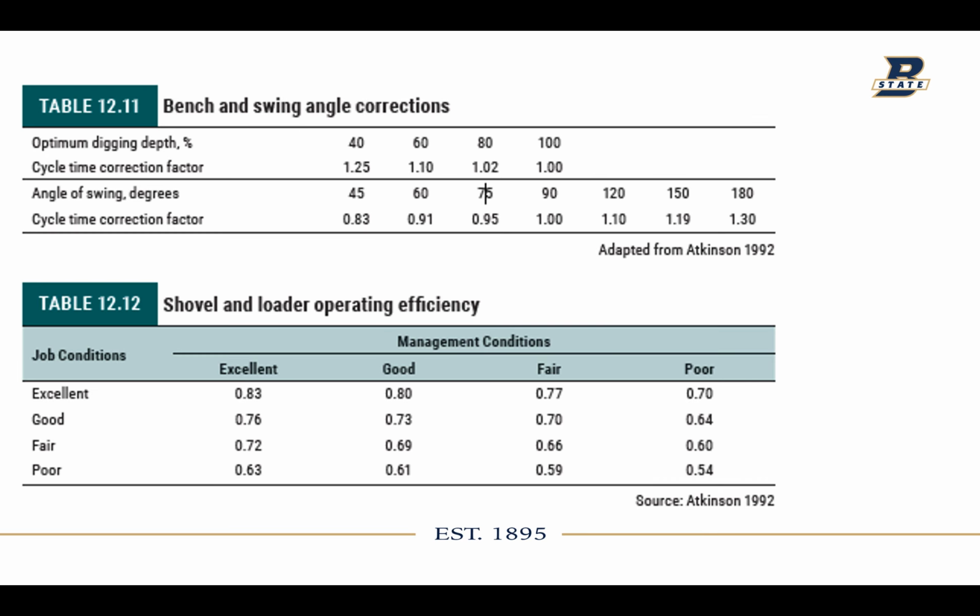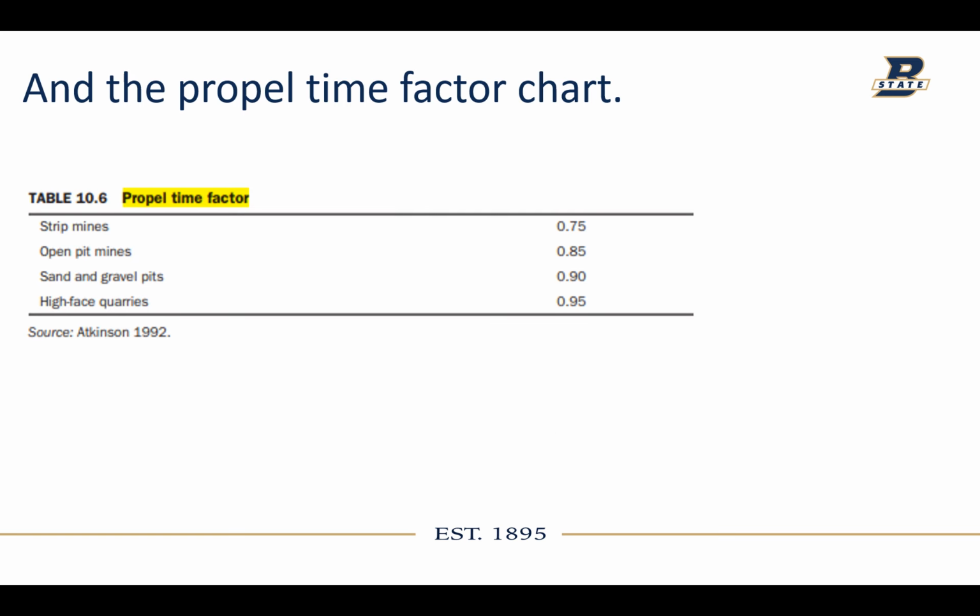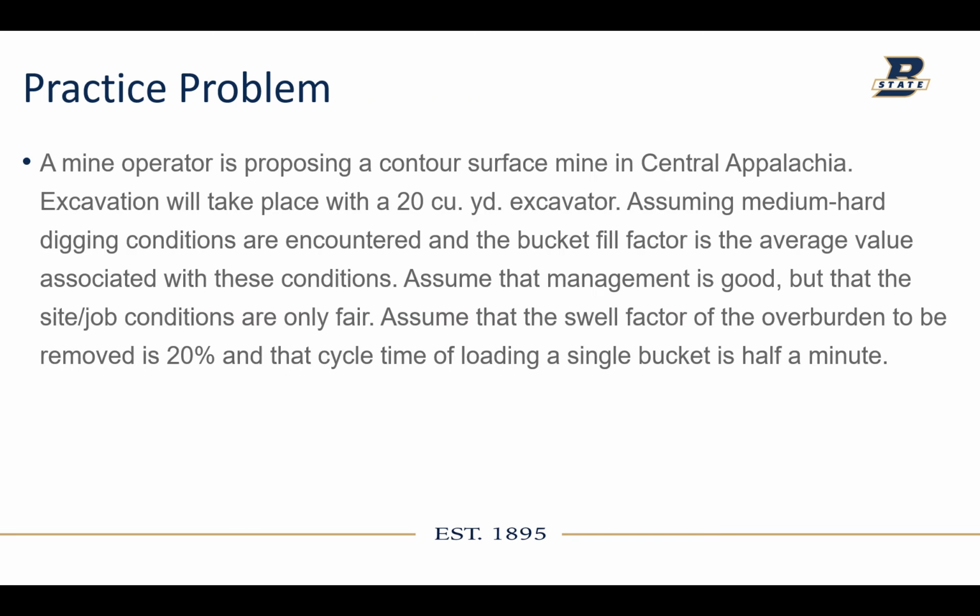We have bench and swing angle corrections, if you need those, and then the operating efficiencies are here as well. So I know we touched on some of these in the previous lecture, but I'm just hitting those again. And then finally, the fourth chart is that propel time factor. So for strip mines, that's a 0.75, and that's what we're going to be using in the example that's to follow.